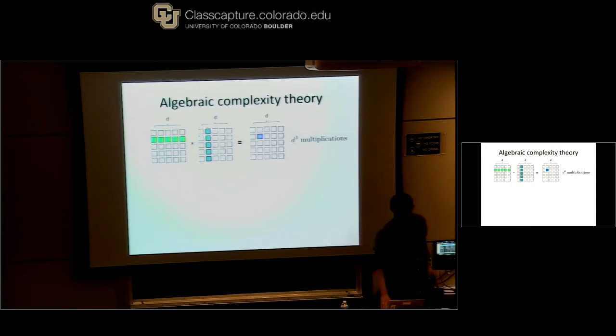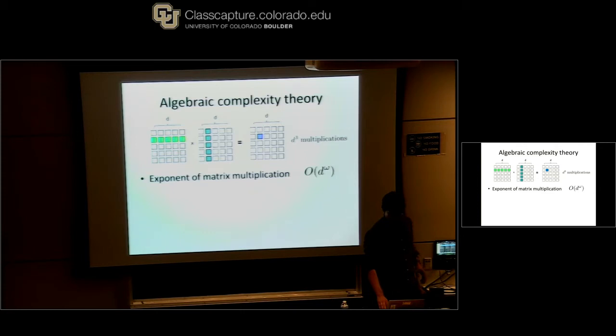And it turns out that Strassen's algorithm for 2 by 2 matrices... Strassen had this decomposition for 2 by 2 matrices. If you multiply 2 by 2 matrices, you need how many multiplications? 8.